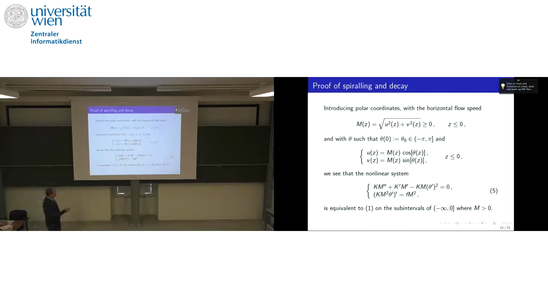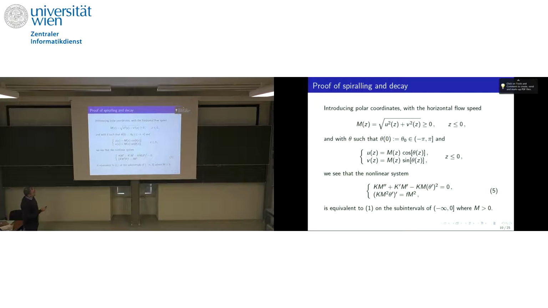So what I want to show for this system is first that if m is different from 0 at the surface, so if you have a deflection, then it will continue to be positive, and it's going to decay.